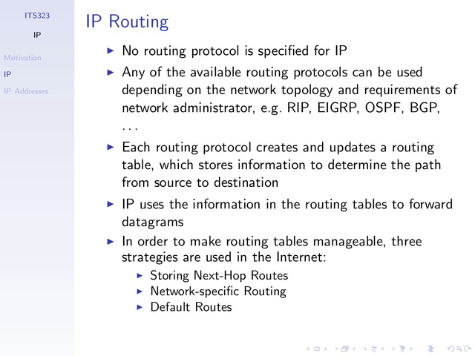Now, from R1's perspective, we can say to reach any host on net 4, whether it's H10, H11, H12, H300, send to R2. That is, we could replace these 3 rows with 1 row. To reach anyone on net 4, send to R2. So now this 1 row in our routing table can be used to reach any host on that subnet.